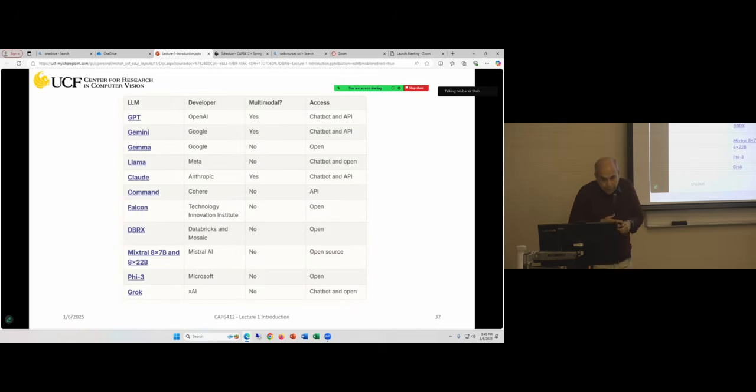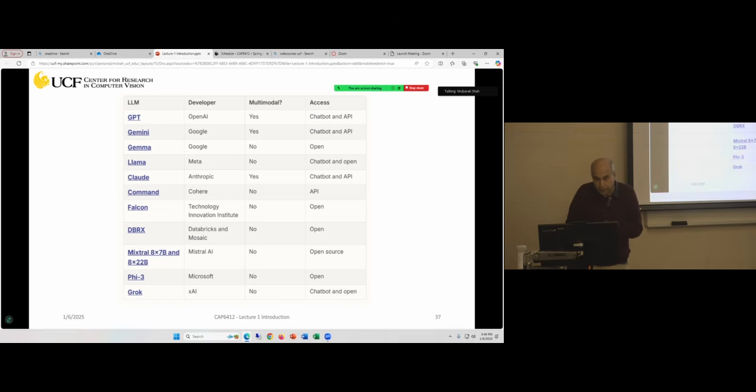This is more recent. Now these models, instead of large language models, are also called LMMs, large multimodal models. Language, text, is one modality. Other modalities are images, video, music, and other things. GPT has different versions, GPT 1, 2, 3, 4.